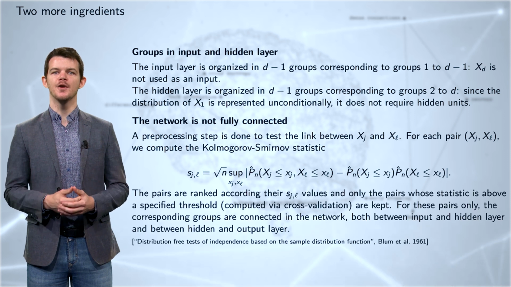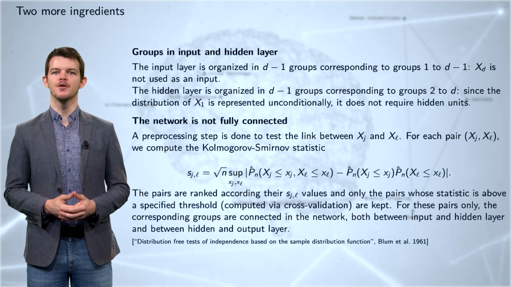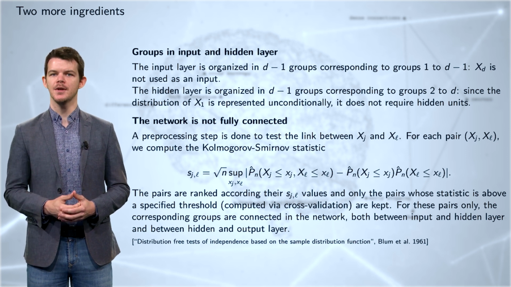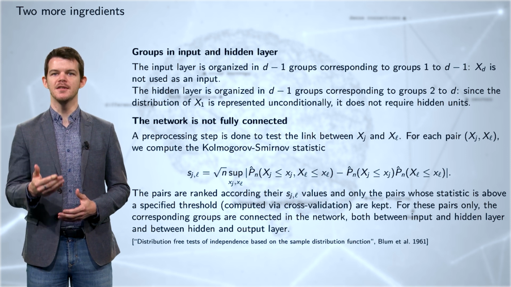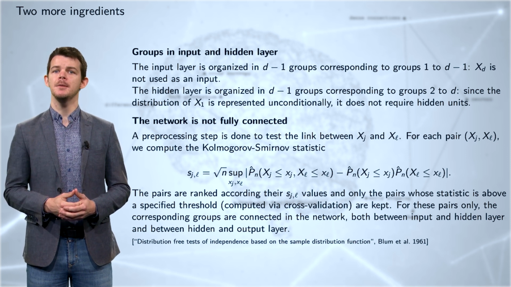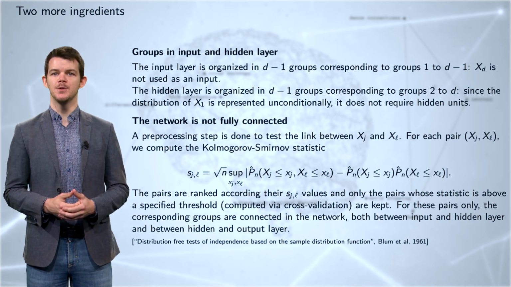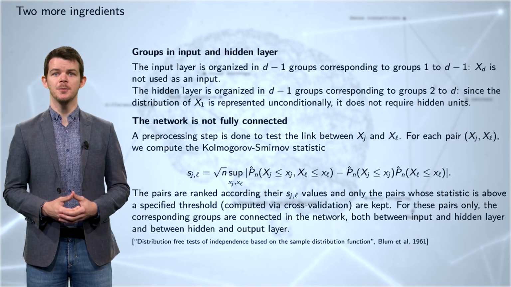The pairs of variables are then ranked according to this statistic, and only the pairs whose statistic is above a specified threshold are kept. This means that for the pairs that show a strong connection, the groups are connected in the network, both between the input and hidden layer and between the hidden and output layer. By using this method, you may drastically reduce the number of connections in the network, which also helps the optimization procedure.